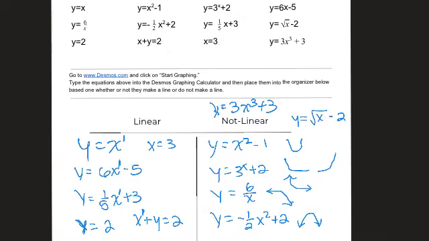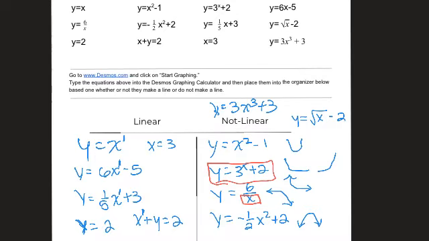Then you might look at y equals 3 to the x power and say, well, that has an x to the power of 1. No, it doesn't. X is the power of 3, so that doesn't count. When x is the power, that is also nonlinear. Well, Mrs. Evans, then what about when the x has an exponent of 1? Yes, it does.